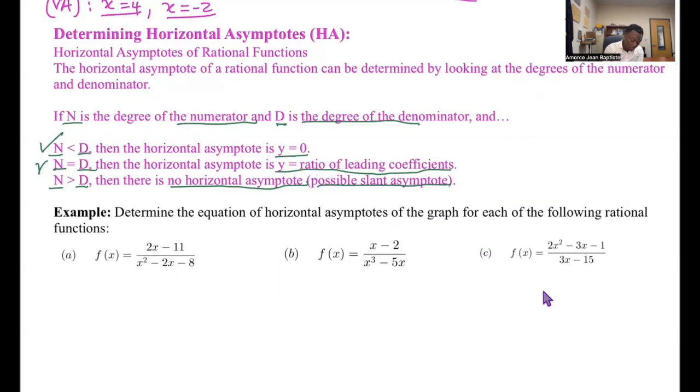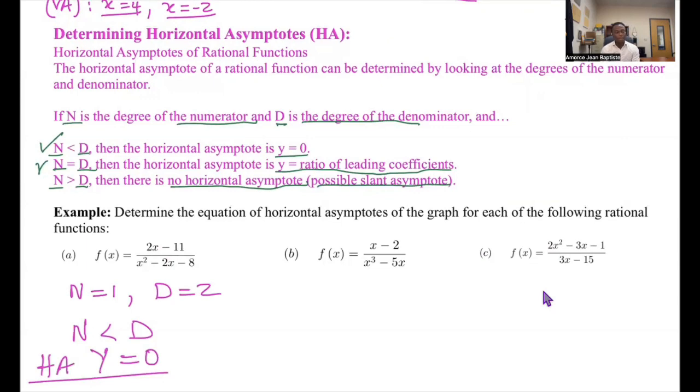The numerator degree is 1 and the degree in the denominator is 2. So you have y equals 0 as your horizontal asymptote. That's A. In B, let's see what happens.